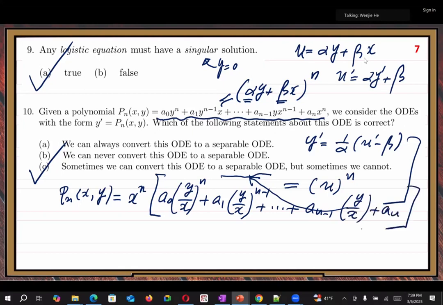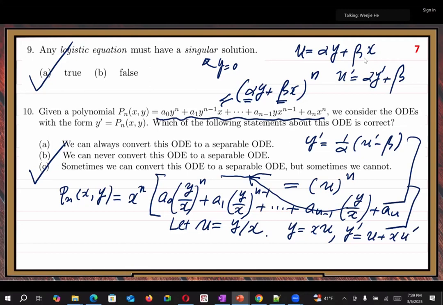Now, in general, we can do it this way. You can let u be y over x, okay? Then y equals xu, and y prime equals u plus x u prime.